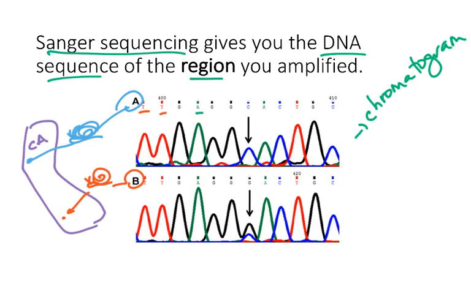Okay, so what we can do then is once we've done PCR, so we're looking at the same DNA region for both of these individuals, but what we can see here indicated by this black arrow is that some of the DNA in those individuals is different. If you think back to earlier in the module, we talked about there can be nucleotide substitutions in the DNA.